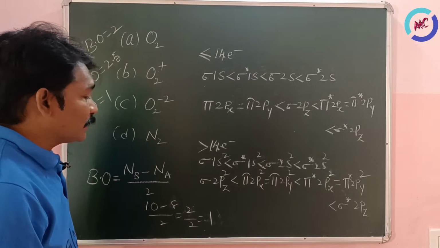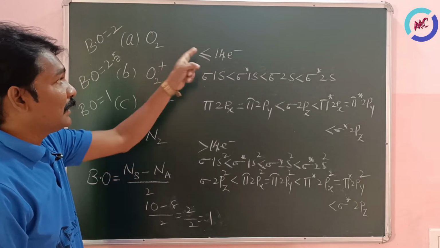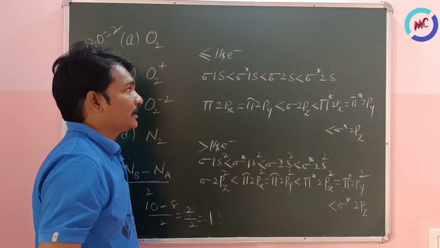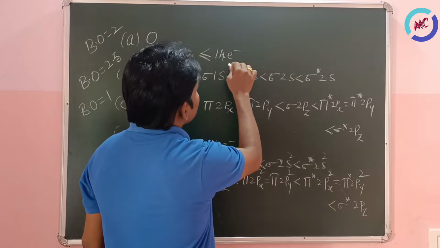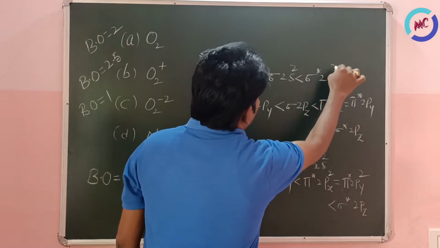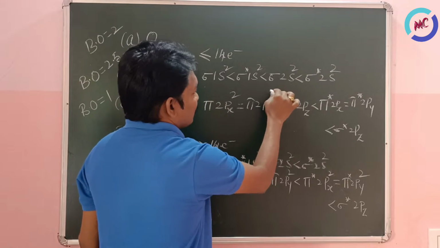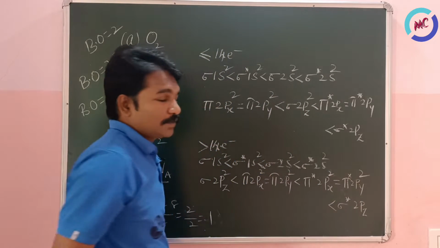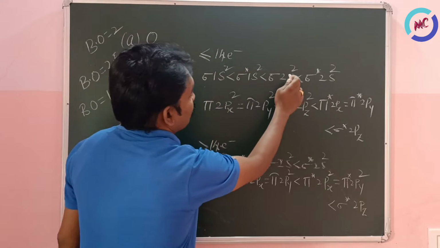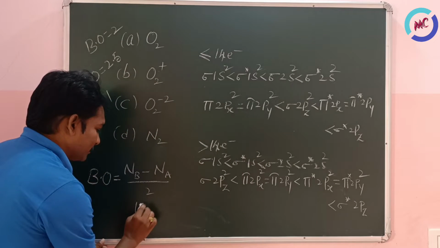In case of nitrogen, it has 14 electrons. For less than or equal to 14 electrons, we have to follow this configuration. 14 electrons: 2, 2, 2, 2, 1, 2, 3, 4, 5, 6, 7. 7 twos are 14 electrons. Check the number of bonding electrons: 1, 2, 3, 4, 5. 5 twos are 10.